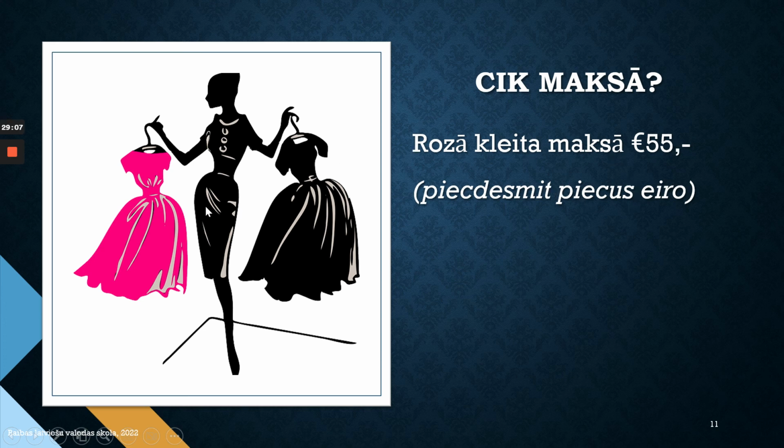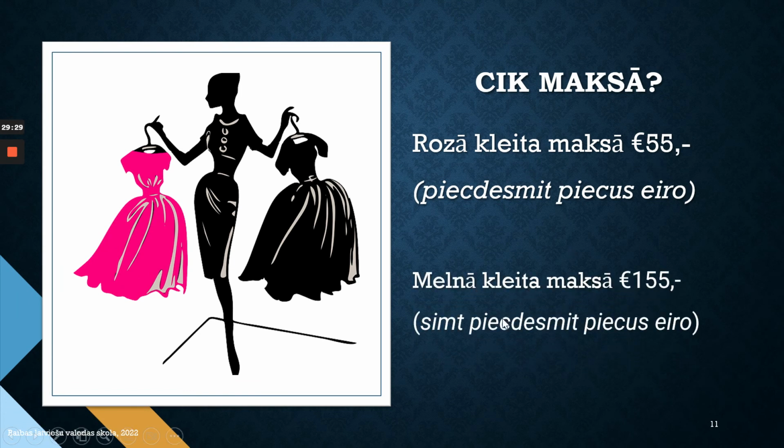If the price would be 50, then we wouldn't recognize accusative case at all, because 50 is non-declinable, eiro also non-declinable, so that would be simply 50 eiro. Yeah, and we wouldn't be able to see that accusative ending.